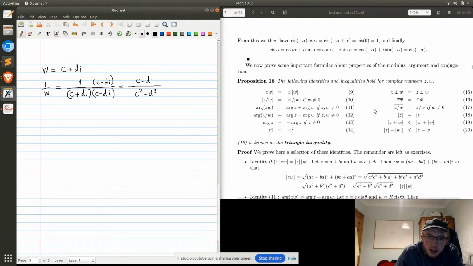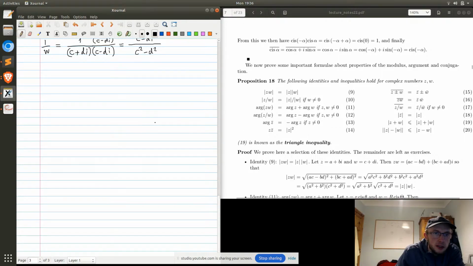Let's actually see how they did the 9th one. Okay, so kind of similar. And they just went straight from left to right. Okay, so I'm going to try proving the 10th one then.